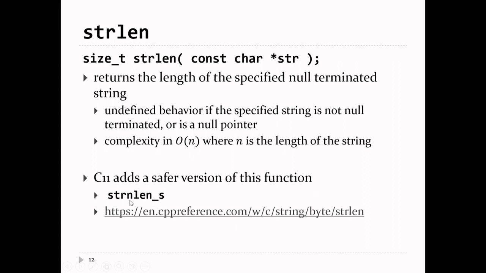That version of strlen will search that array, but it'll only search up to n characters in that array for the null terminator. This one, strlen, will just keep on going until it sees the null terminator. If you don't have a null terminator in the string, it'll go past the end of the array, and then bad things can happen. This one will go only n characters into the string, and then it'll stop.